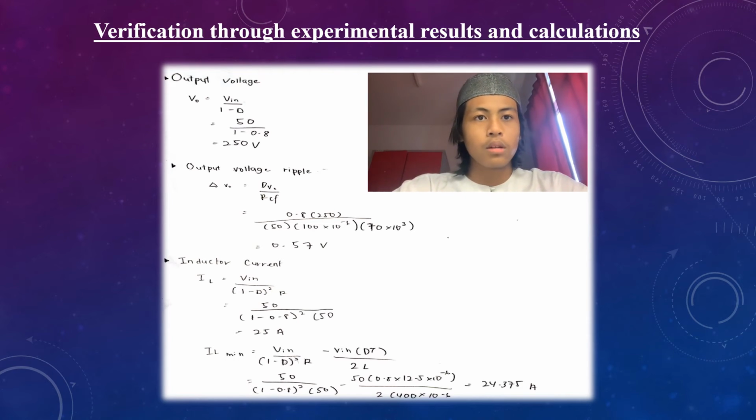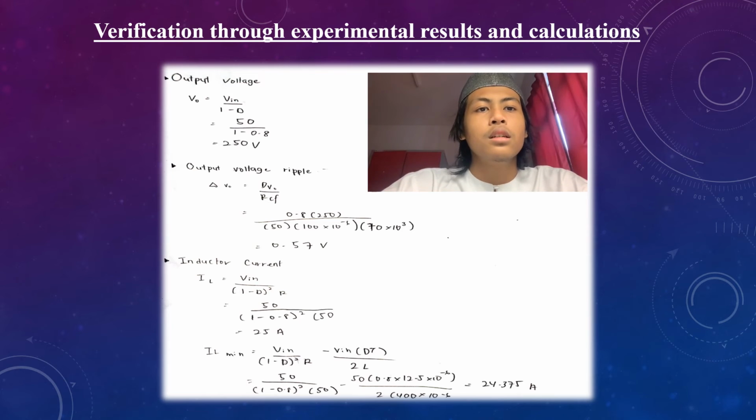The equation is duty cycle times voltage output divided by resistance times capacitor and frequency. So we calculate it and we got 0.57 volt.